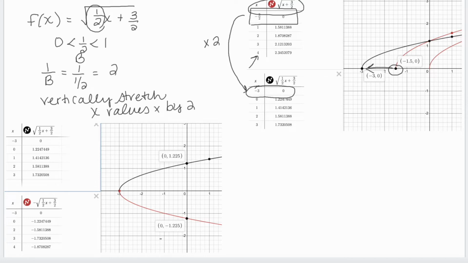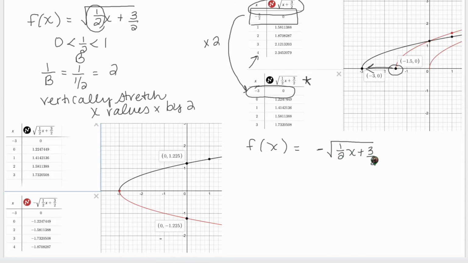The next step, once we've done that, is to look at the negative in front of our equation. To go from where we left off here, the next step is to look at the number in front of the function. Although we don't have any number, we do have a negative.